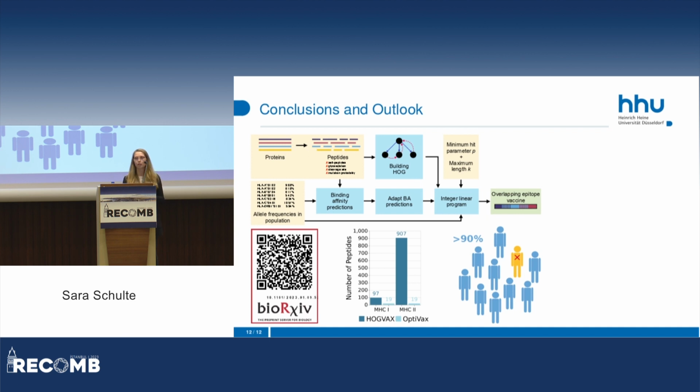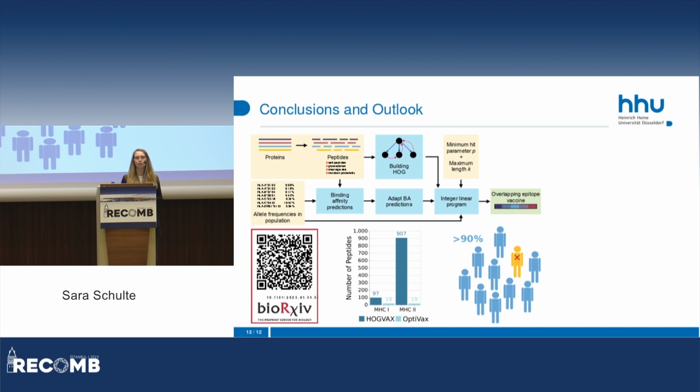And currently, we are also in collaboration with the lab of Philipp Lang at the University Hospital in Düsseldorf to test our approach in wet lab experiments. This is because we are not quite sure if this proteasomal cleavage process really works as we assume it to work. So we're testing it for LCMV in mouse cell line experiments.